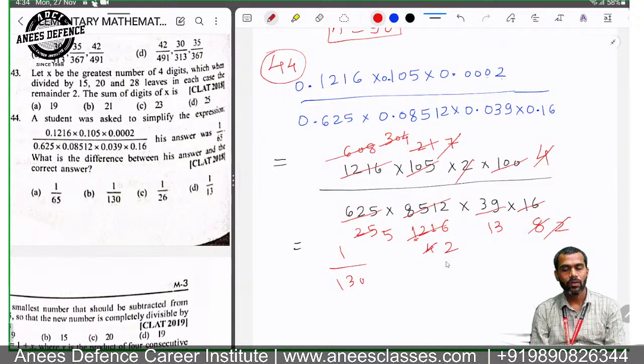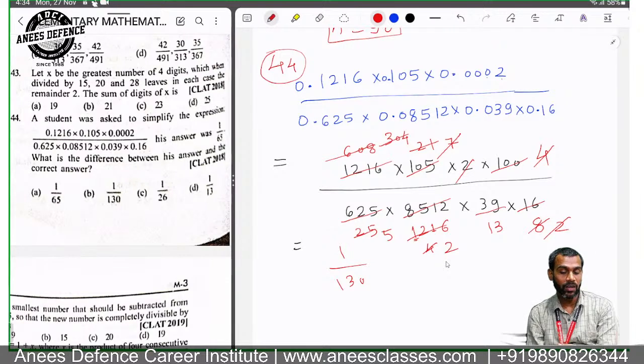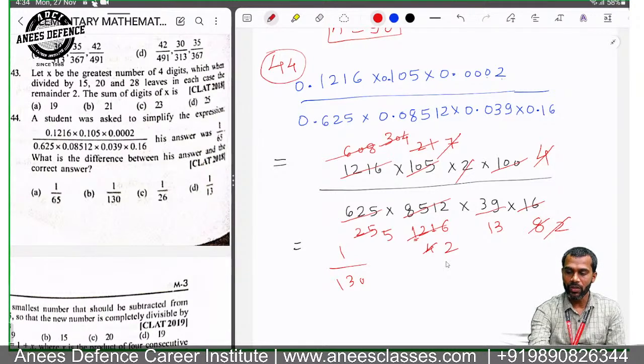So, but this is not the correct answer. If you see, one of the options is 1 by 130. We need to find out the difference. So what we need to see, which one is larger, 1 by 65 or 1 by 130? 1 by 65. So we need to find out the difference.